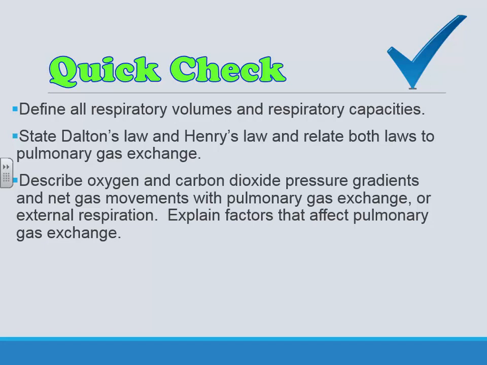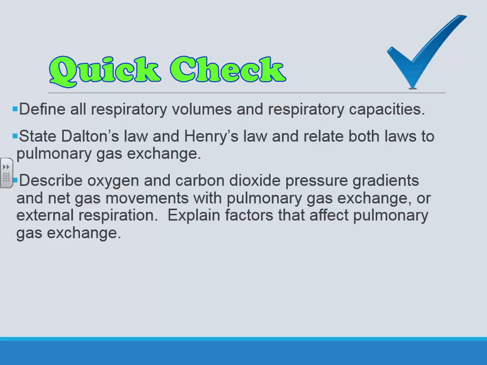So in this section, we looked at all the different volumes and the respiratory capacities. Again, make sure you do your chapter quizzes where these are listed. Pay attention to the differences between the definitions, but also how those definitions relate. Be able to state Dalton's and Henry's laws, both laws, and how they work with the explanation of gas exchange that happens because of those laws.